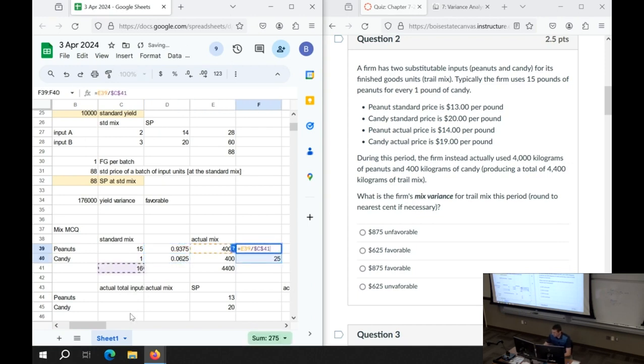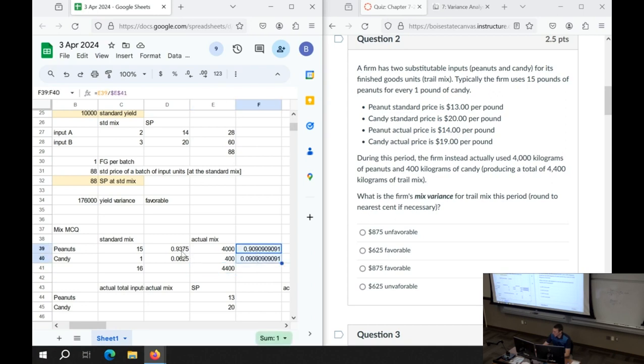I got to fix this. It's going to be E41. And say, well, that 4,000 is 90.9% of the mix. And that candy, 400 kilograms of candy, is 9.09% of the total amount of inputs used.